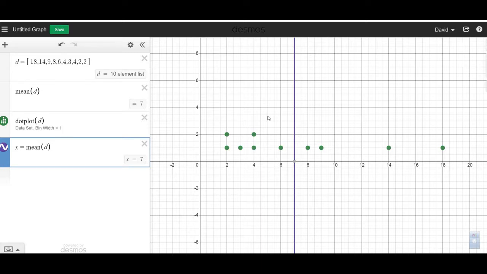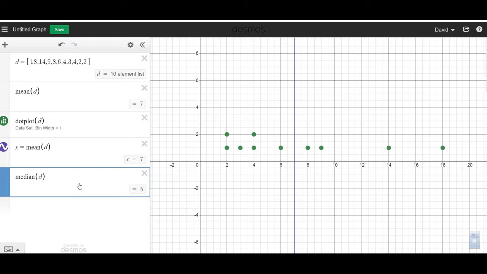If I were to ask you, what does it appear to be? Does it appear to be skewed? It would appear to be skewed to the right, doesn't it? It looks like it goes down to the right. I'm just real curious. If it was skewed to the right, what does that mean about the median? Which side should it be on? What if we do the median of D?